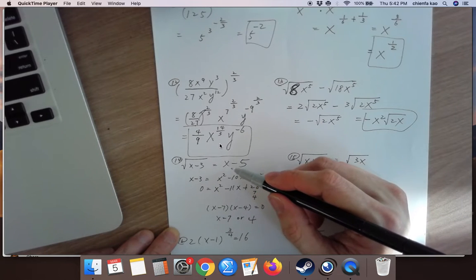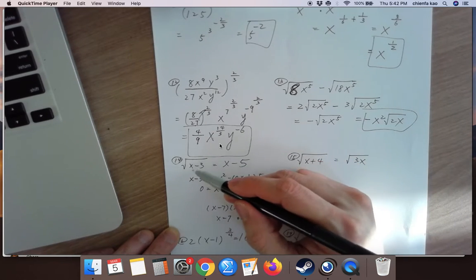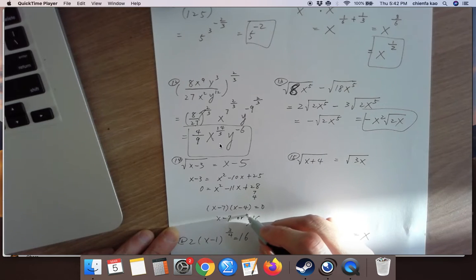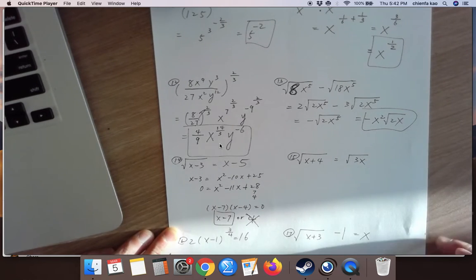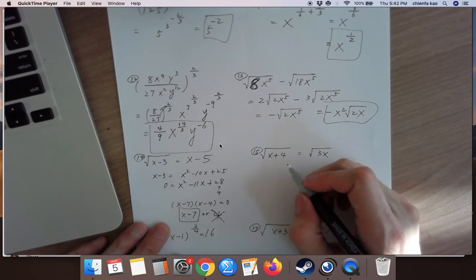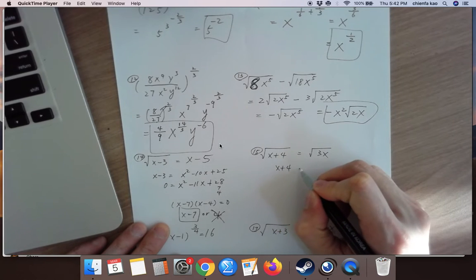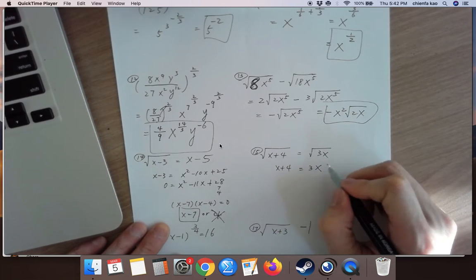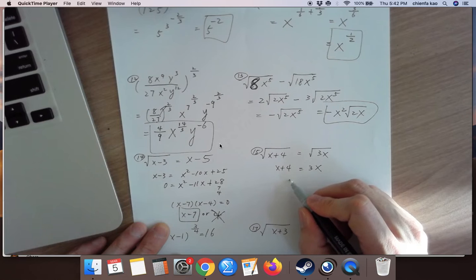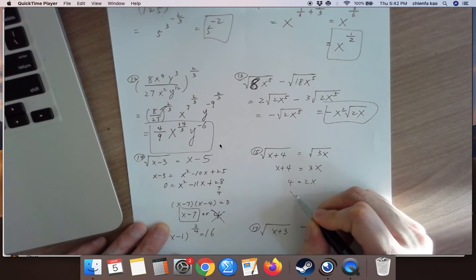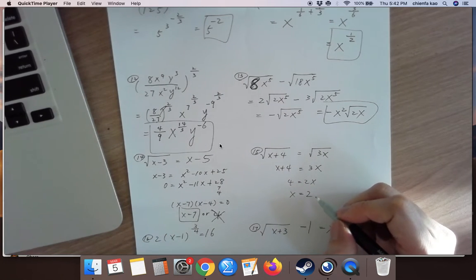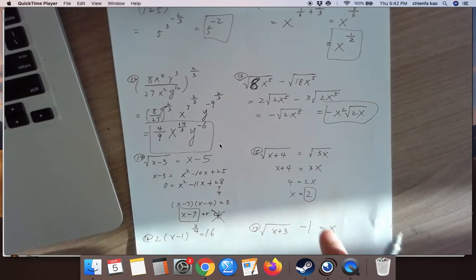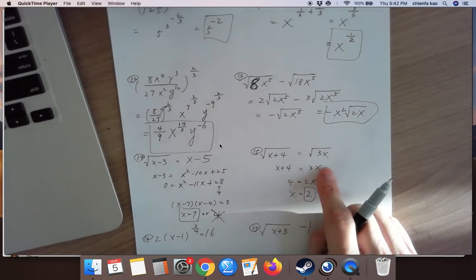Well, 4 is not going to work because that's negative, that's positive. So it's definitely not going to work. 7 is the answer. Okay, 15. Square both sides. Yeah, so this is it. Make sure you still have to plug it back in.